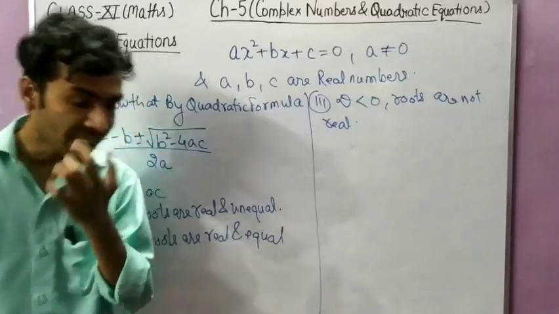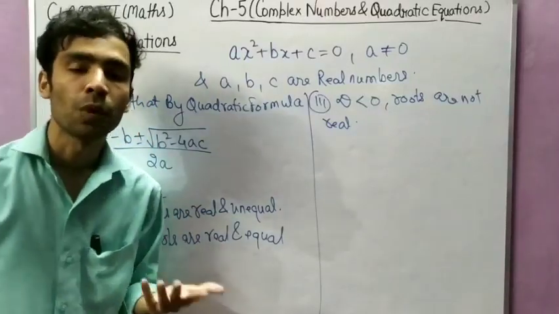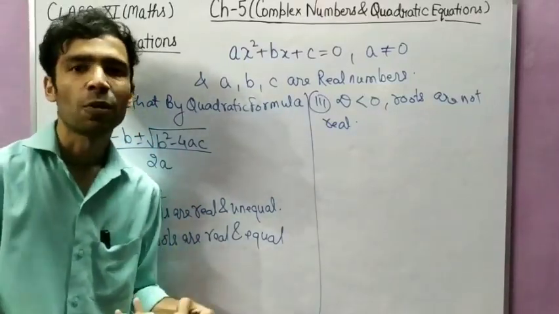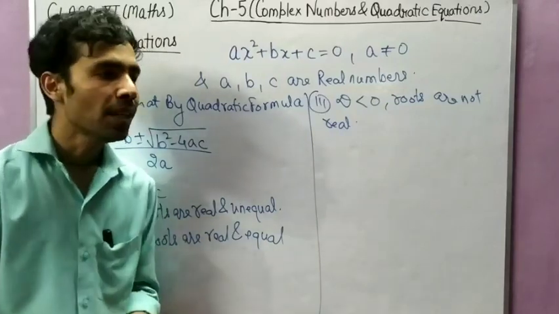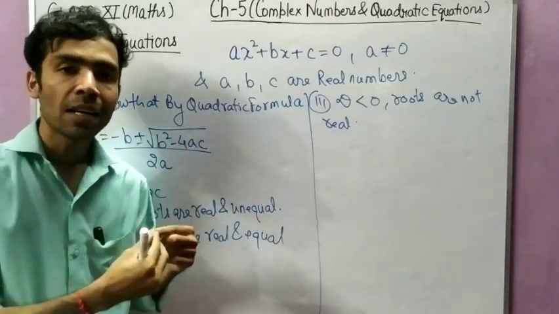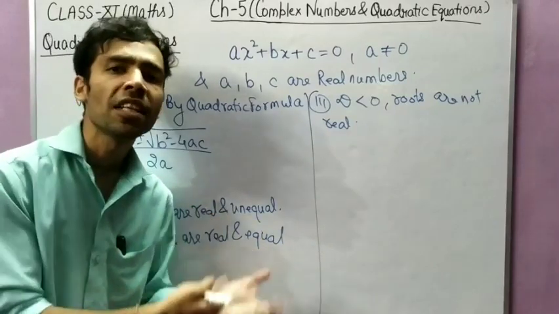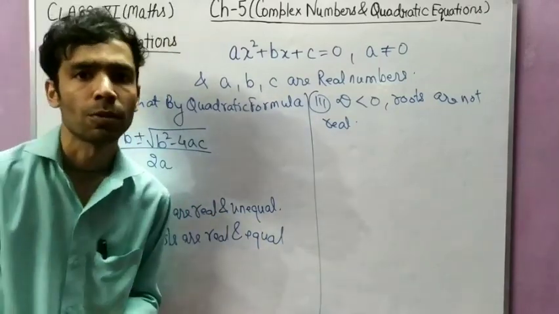In class 10th we solved only those questions which have real roots, but in the 11th class we are able to deal with imaginary or complex roots also. When will we get complex roots?